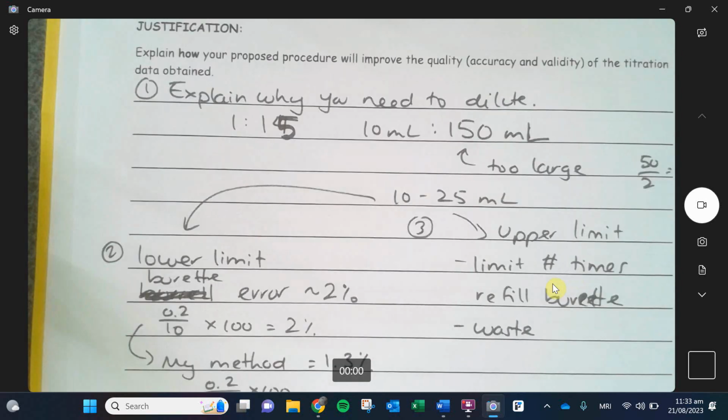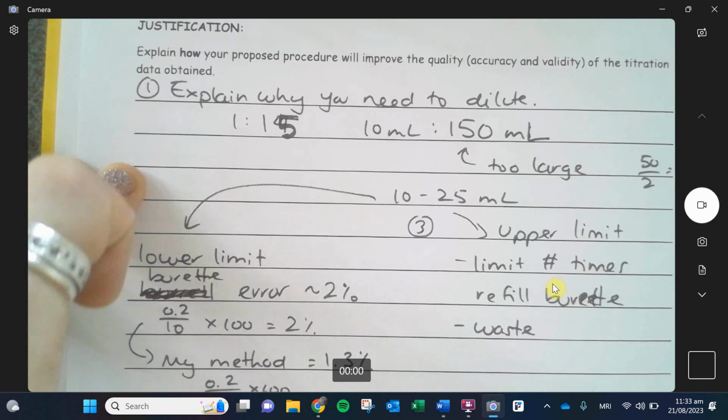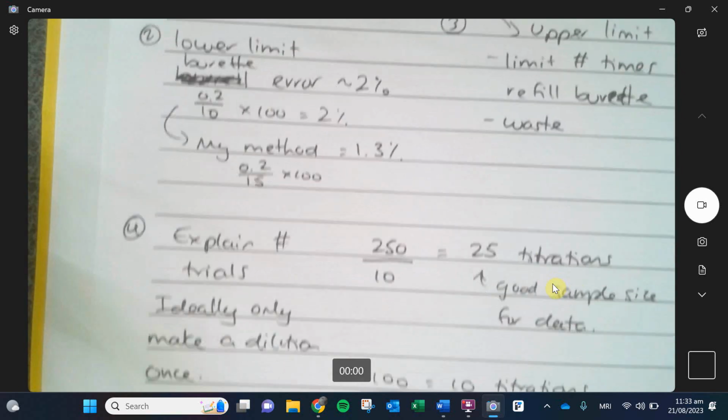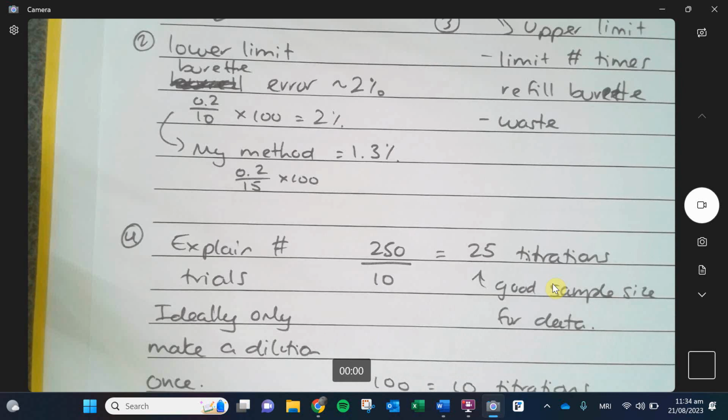So with justifying your choice, there were lots of different things that you could talk about. The first thing I talked about was explaining why you needed to do that dilution. The second thing was talking about things like upper and lower limit. So why did we want our titrate volume to be between 10 and 25 milliliters?